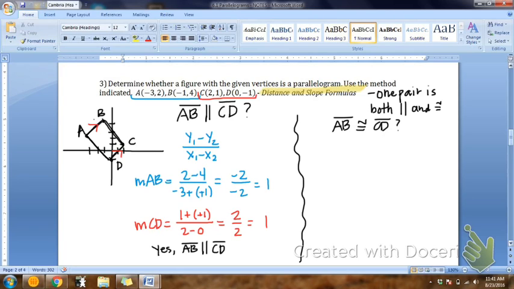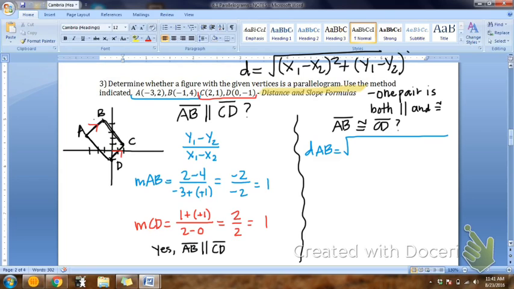The first thing I need to do is the distance of AB. You have your distance formula. I want you to do it, please. If you need to look back, that's fine, or I can put it here at the top. X1 minus x2 squared plus y1 minus y2 squared.